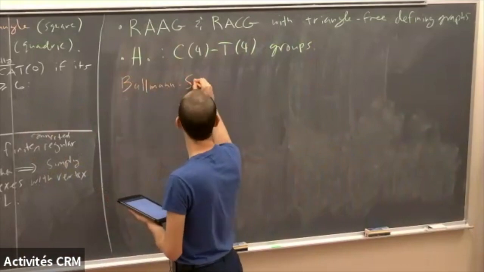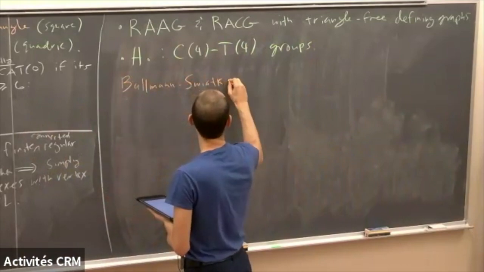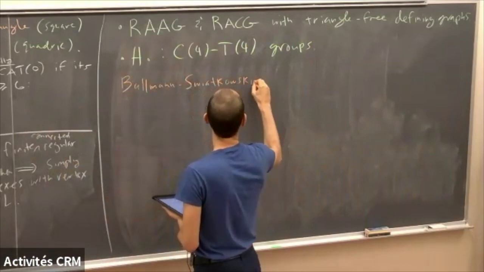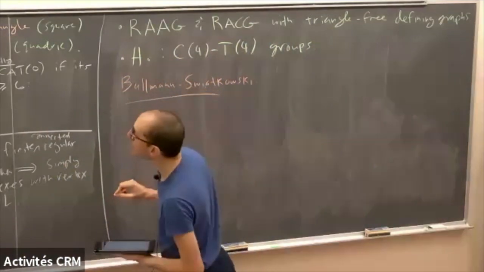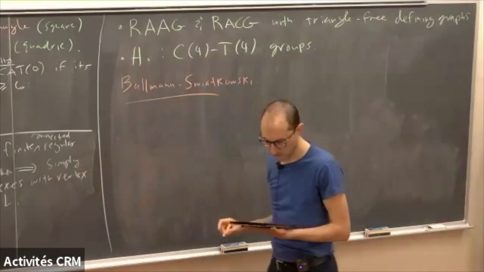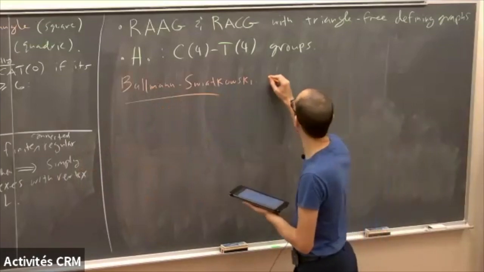Ballmann and Świątkowski give a group theoretic version of this Ballmann-Brin construction.